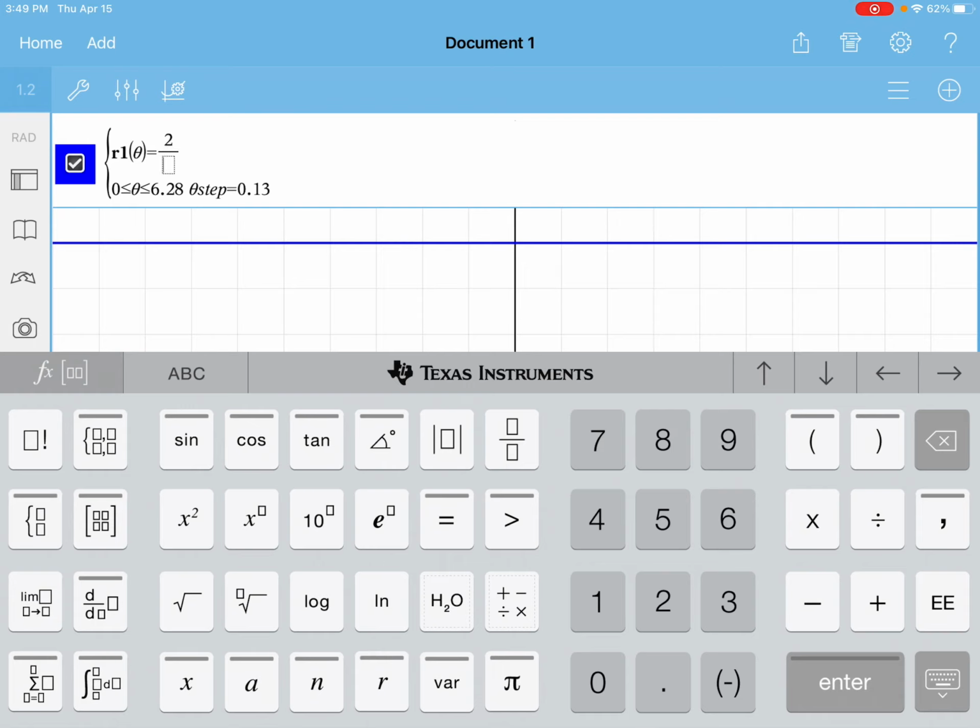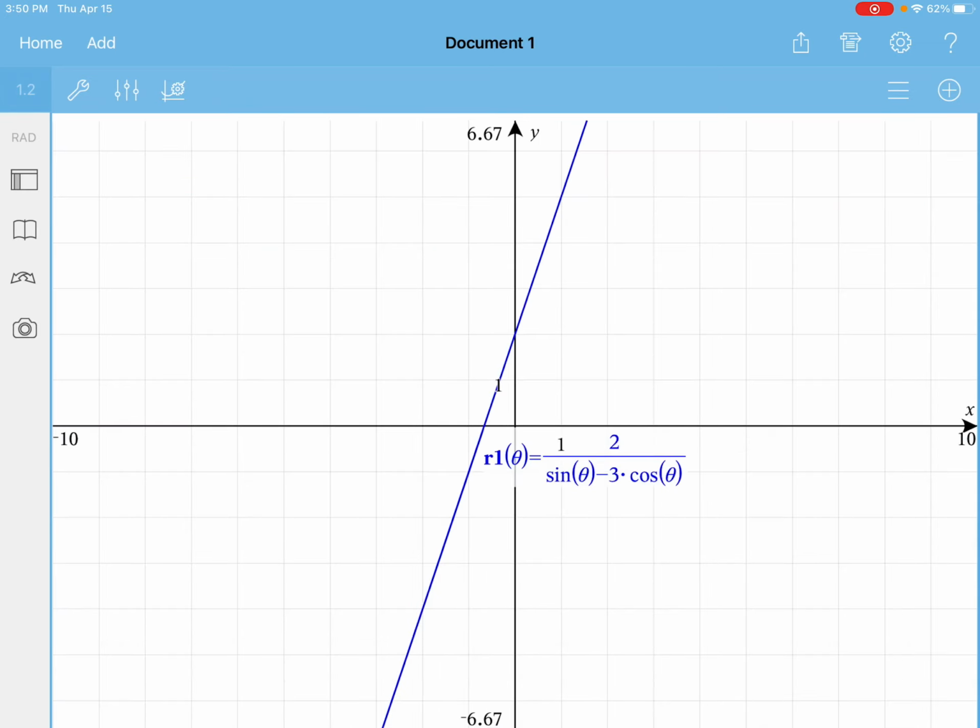So 2, down arrow, and this will be sine theta. Close my parenthesis. Minus 3 cosine theta. I'm going to hold it and go up. There we go.